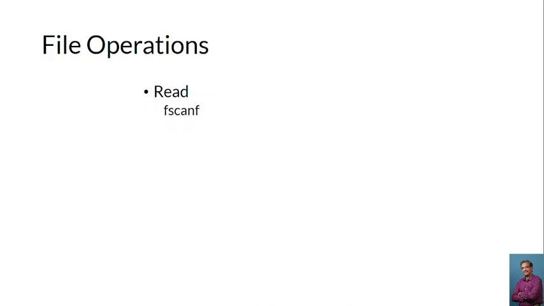Now generally, to read data from the keyboard, we take help of the scanf statement. But when we want to read data from a file, we have to use the fscanf statement. This indicates read data from a file. From which file? The file which is connected to our pointer variable.